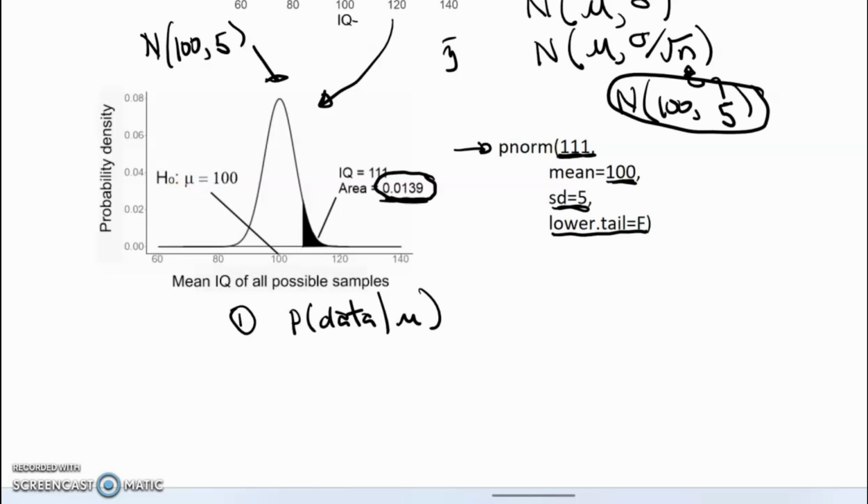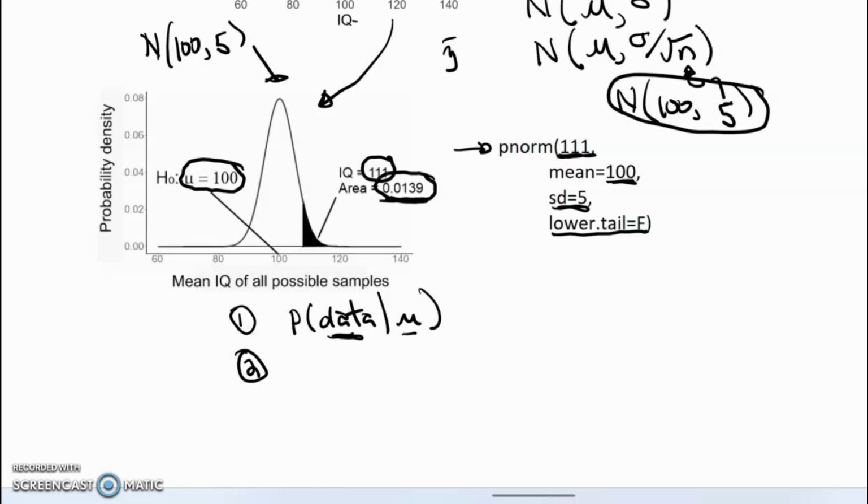So we conditioned upon the parameter: the mean IQ of the IB students was equal to 100. The probability of getting the data was an observed IQ of 111. So this p-value is the probability of the data conditional upon the parameters.